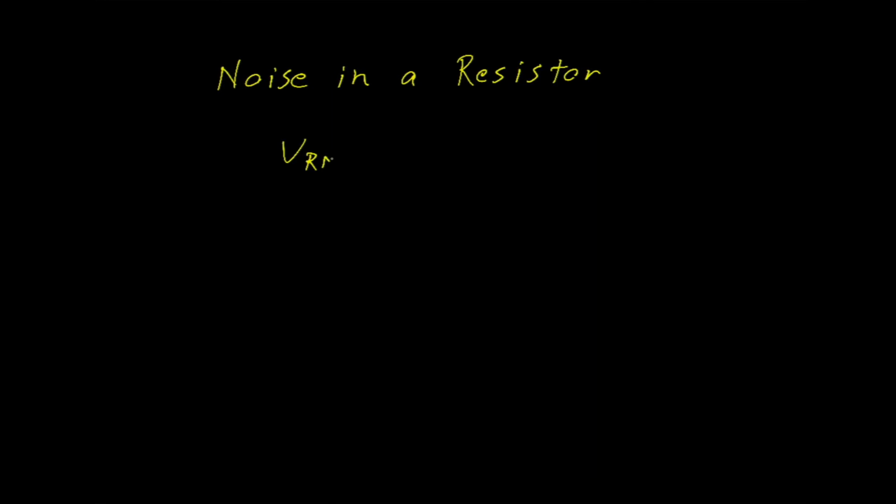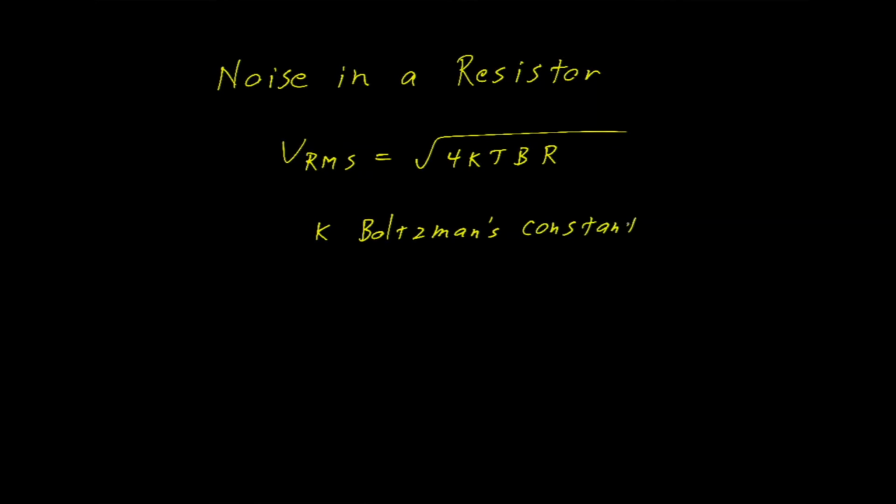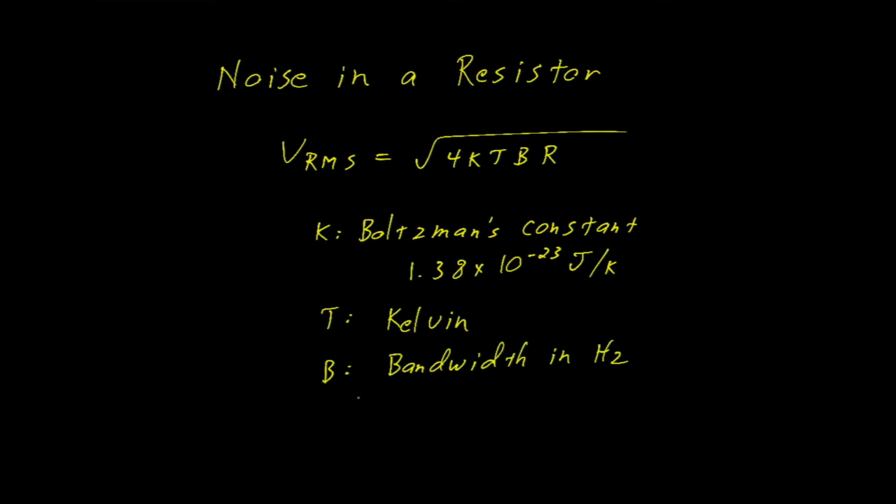So the RMS voltage is equal to the root of 4 K T B R, where K is Boltzmann's constant of 1.38 times 10 to the negative 23rd joules per Kelvin. T is the temperature in Kelvin. B is the bandwidth. And finally, R is the resistance.